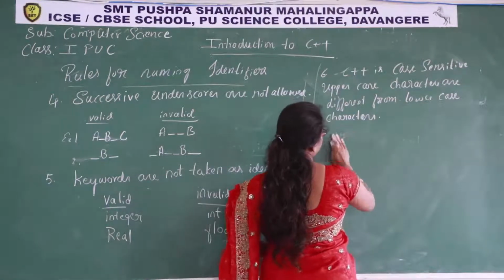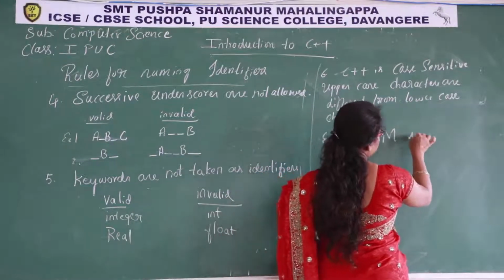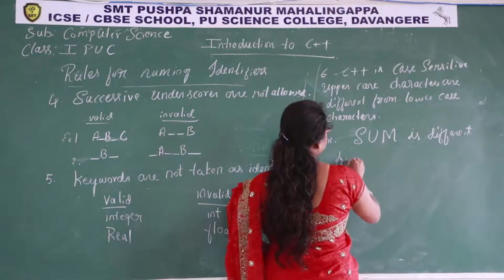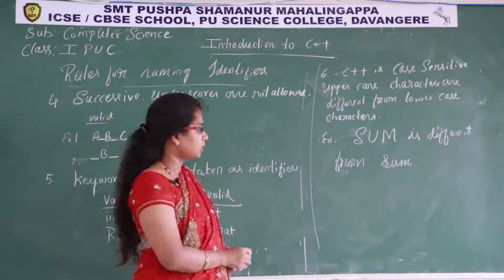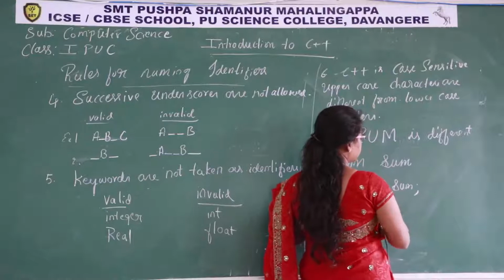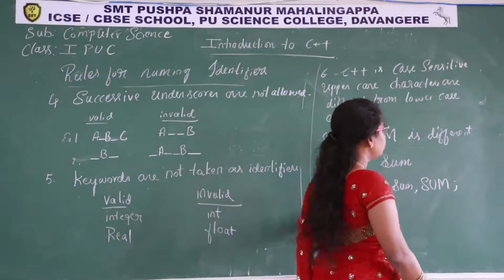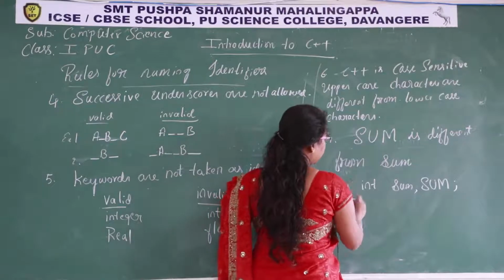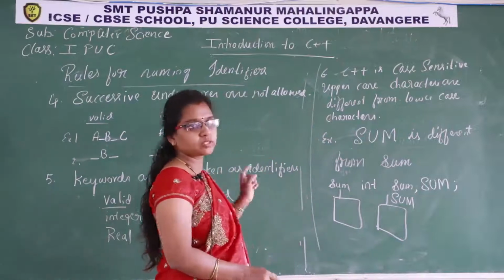Example, SUM and sum are different. For example, int sum. One more I'll take, int SUM. So these two are different. One memory location is identified by sum and another memory location is identified by capital SUM. So these two are not same.